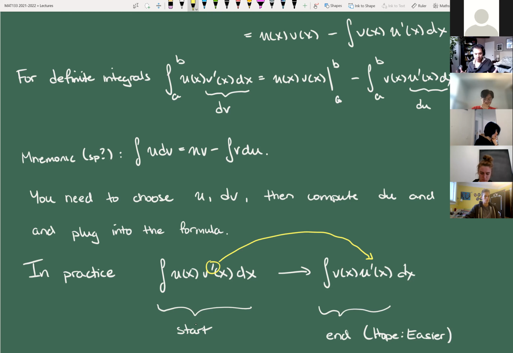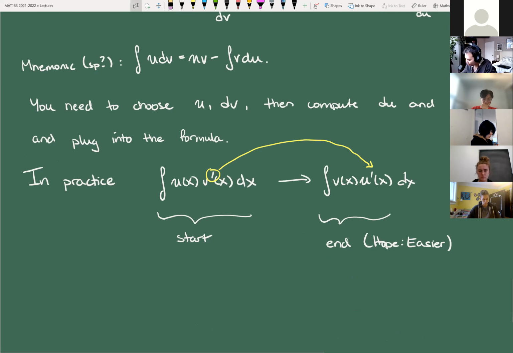In my brain, I think of both functions as being bags of derivatives, and I'm just taking a derivative out of one bag and putting it into the other bag. That's all that I'm doing. So integration by parts transfers a derivative from one function to the other.